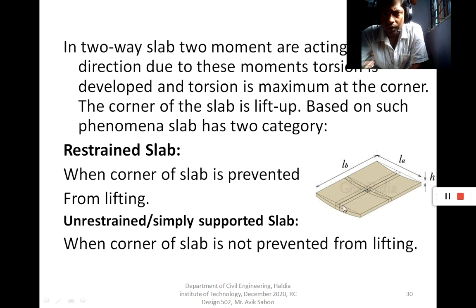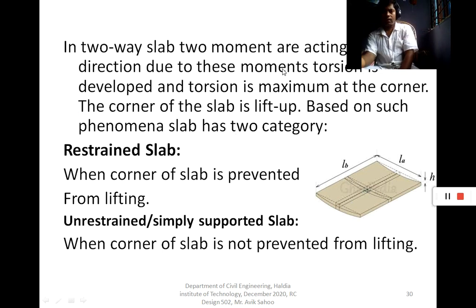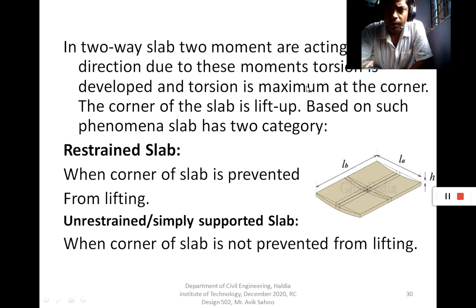Now, in a 2-way slab, two moments are acting: moment along longer direction, and moment along shorter direction. So Mx and My, both moments are produced under load. Due to these moments, torsion is developed.